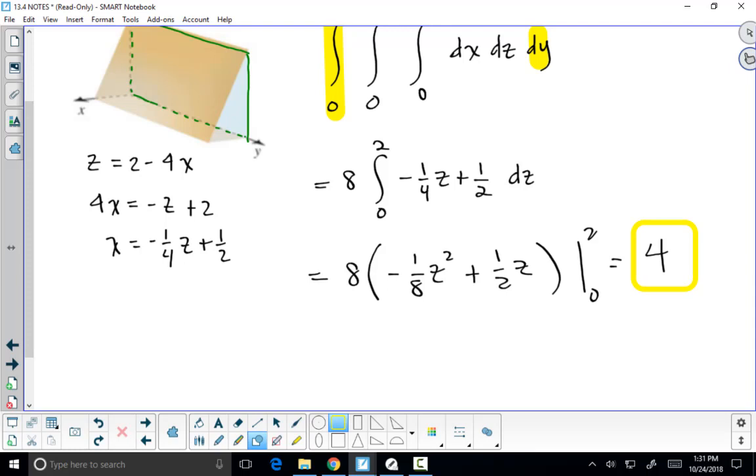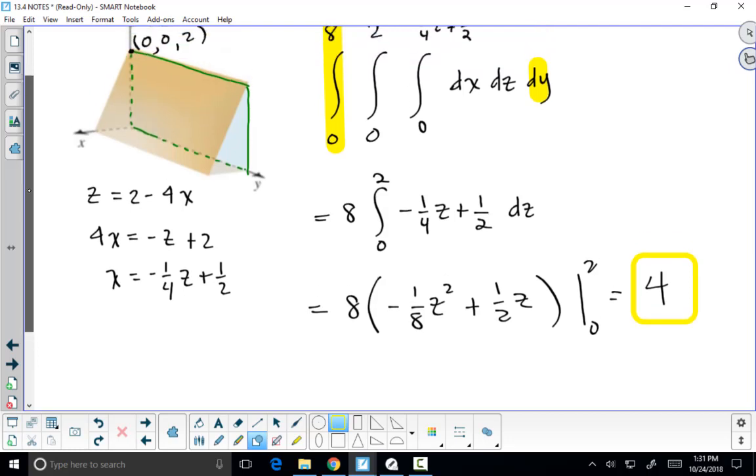All right, nice integer. Nice answers today. No squares and roots and stuff like that. All right, that's what we're doing.